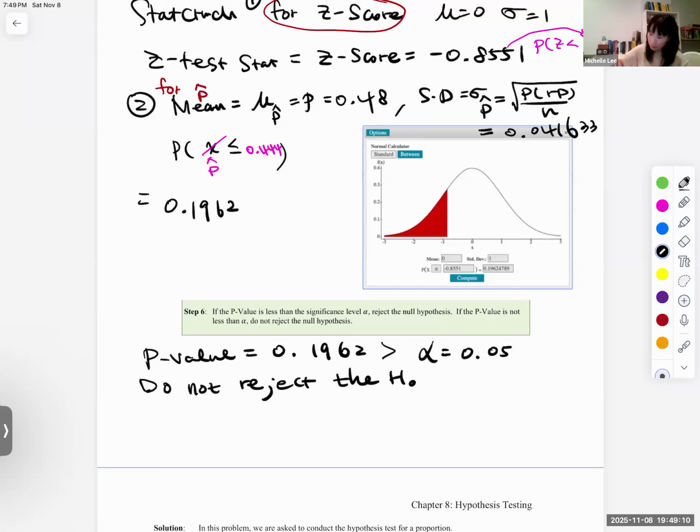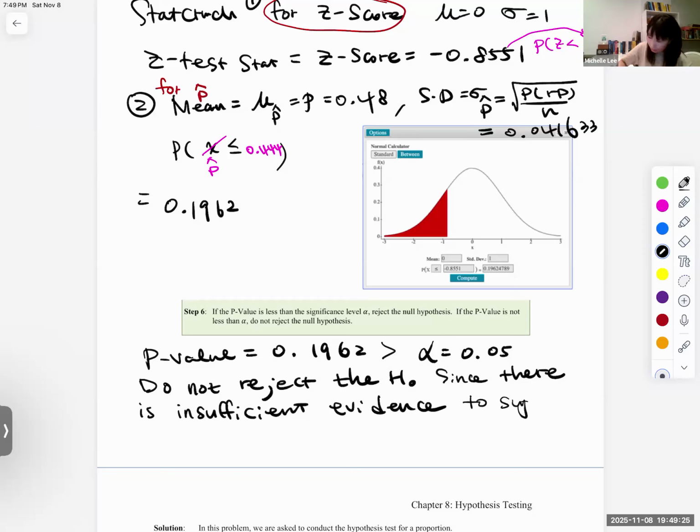Why? Because there is insufficient evidence to support the alternative hypothesis, H sub A.